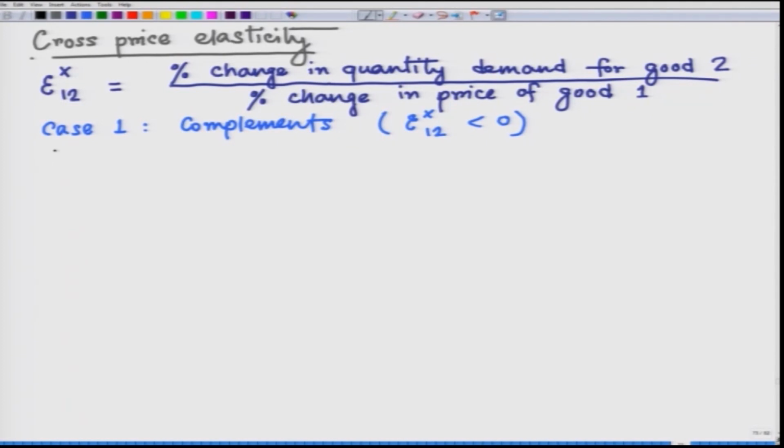In this case we can have a very simple graph where we plot price of commodity 1 along the horizontal axis and consumption of commodity 2 along the vertical axis, and as the elasticity we have seen is negative, we can have a downward sloping curve depicting the relationship between price of commodity 1 and consumption of commodity 2. The example we have already discussed, say car and petrol.